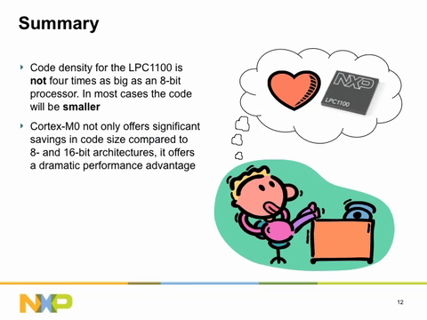In summary, although it may seem intuitive that an 8-bit microcontroller would have smaller code density than a 32-bit microcontroller, the opposite is true. The 32-bit LPC1100 family often has smaller density than 8 and 16-bit microcontrollers. At the same time, the LPC1100 offers significantly more efficient performance.